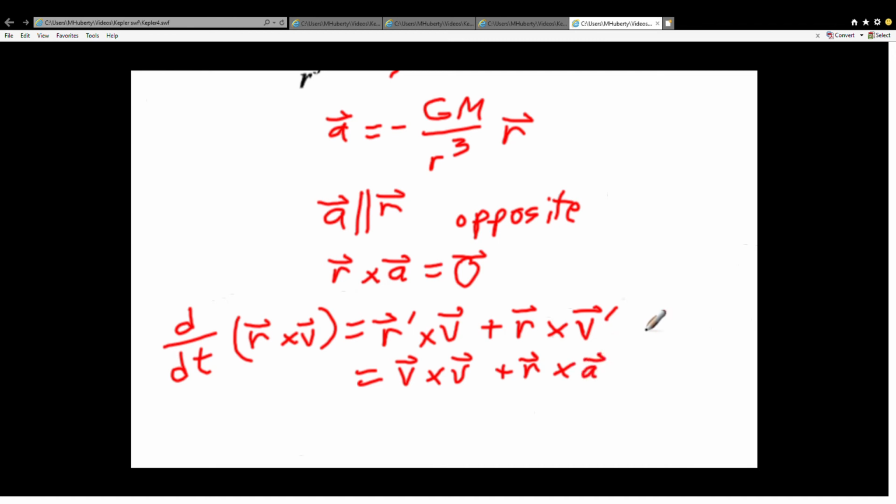All right. And now we've got, look at that, r cross a, which we know is the zero vector. We also have v cross v, but v cross v is a vector crossed with itself, so that's also the zero vector. So putting these together, we just get the zero vector. So why did we even bother doing this?